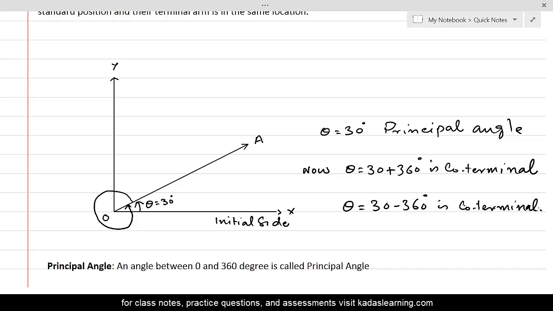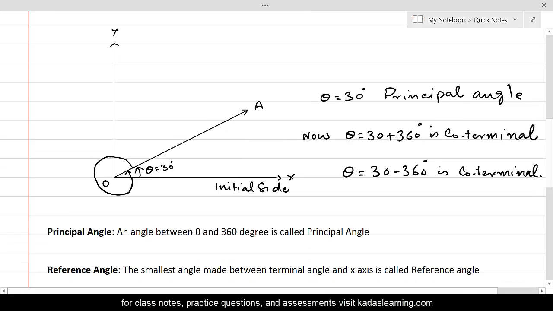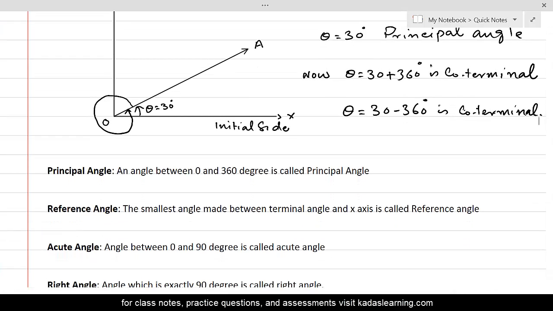We will do a couple more questions later, but for now this is what we understand about coterminal angles. Principal angle: any angle, like I said before, between 0 and 360 degrees is called a principal angle.